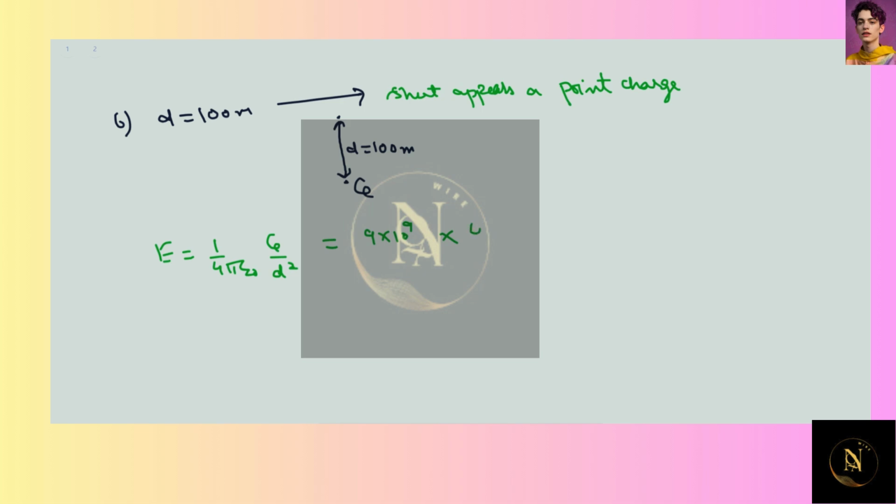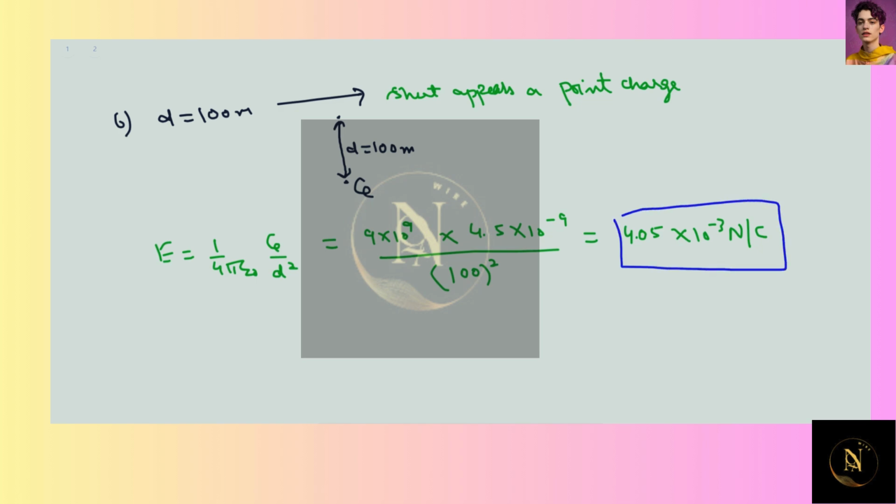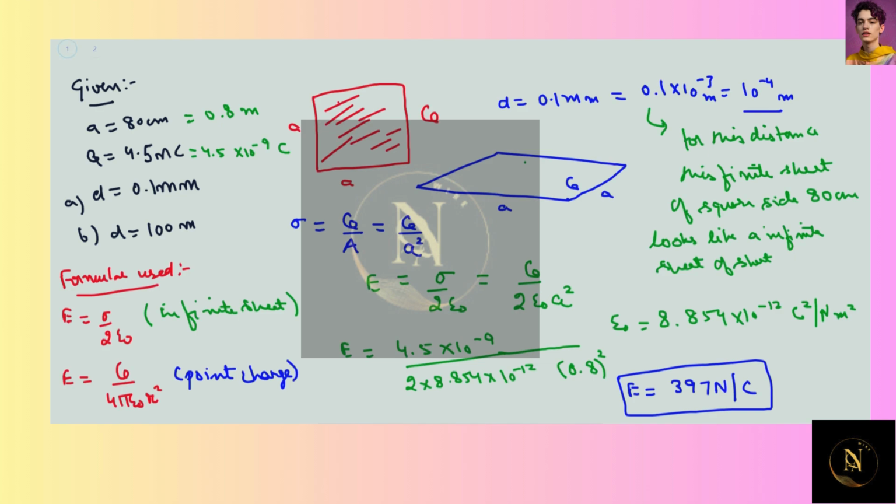Our Q is 4.5 into 10 to the minus 9 coulomb, and d is 100 meter, so we have 100 square. This comes out to be 4.05 into 10 to the minus 3 newton per coulomb. This is your answer for part B, and that was your answer for part A.